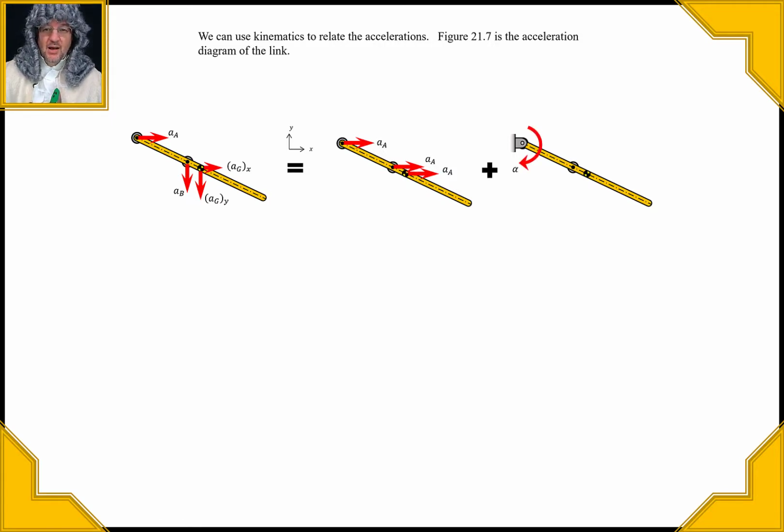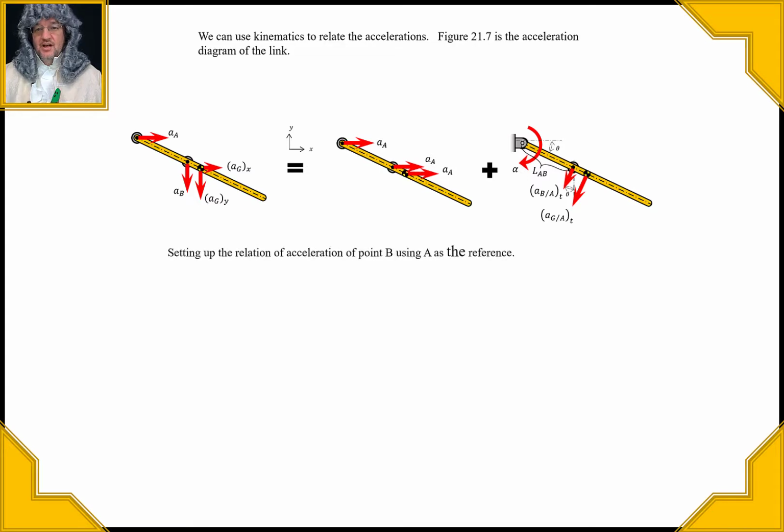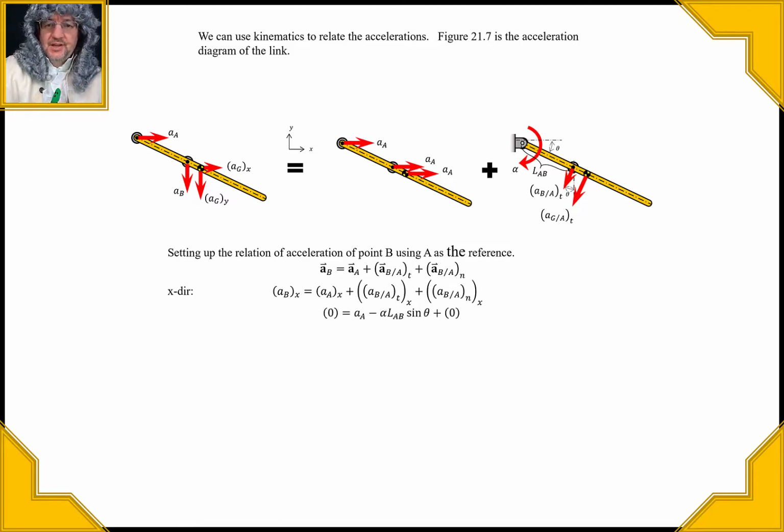So we spin it about A, and in the tangential direction, that's going to be the tangential acceleration that we would find. And here's where the angles and the lengths are. What's good for us is I think we don't have any normal acceleration in this case because it doesn't have angular velocity right here, right? So in the x direction, because there's no velocity, that's 0 right here.